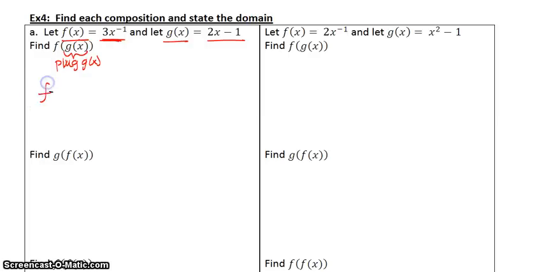So what that means is g of x is 2x minus 1. Everywhere I see an x in my f, I'm going to plug in the 2x minus 1. So that's the start of it, and then I have to figure out how to simplify it.